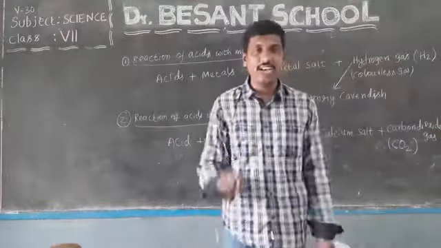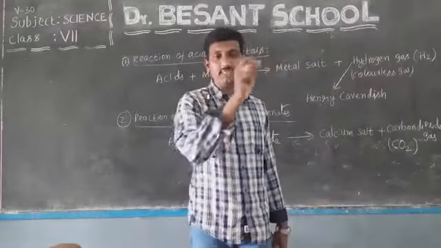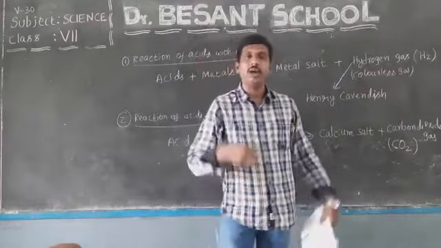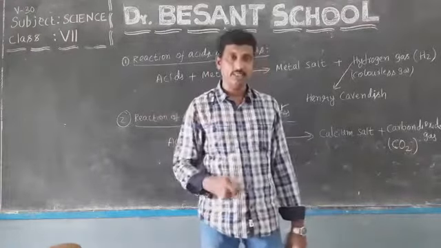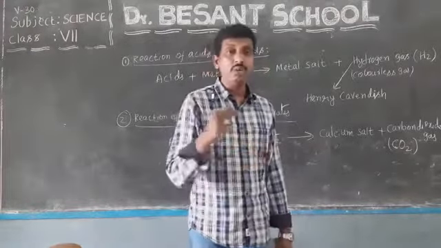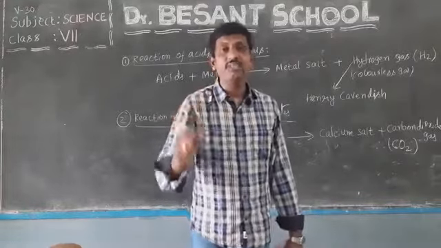To test this gas, we have two types of tests. One, if we introduce a burning matchstick, it puts off. Carbon dioxide is not a supporter of combustion. That's why we use this gas in fire extinguishers.